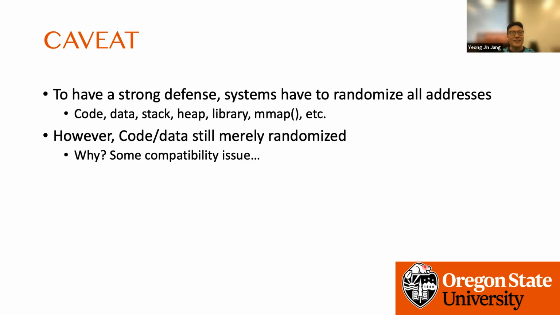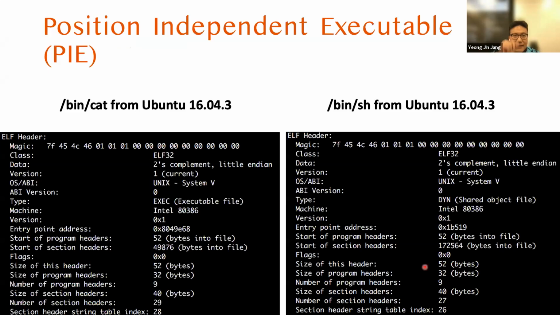So the best practice is never do that kind of thing. We should follow the guideline, and ASLR is the standard technique. So the developers must be aware that their address spaces are not fixed. To randomize the code and data, it is the so-called position independent executable.